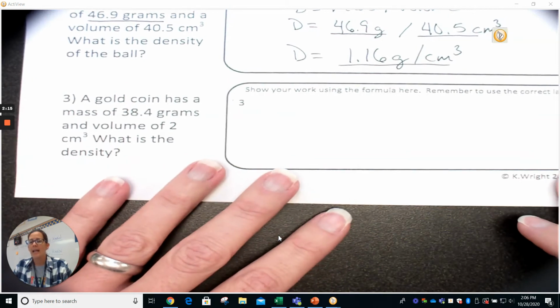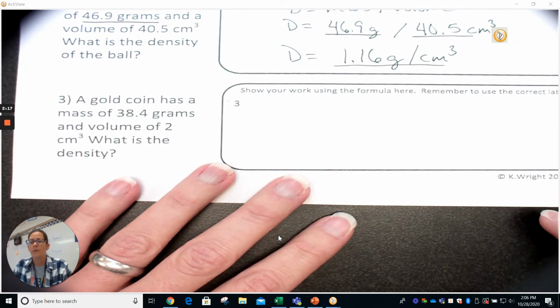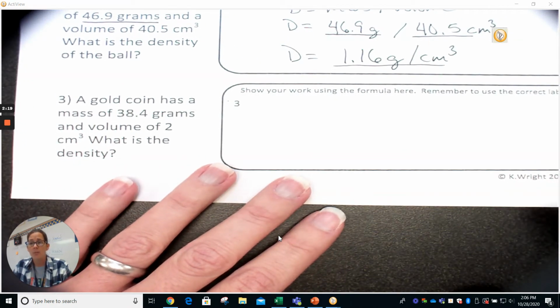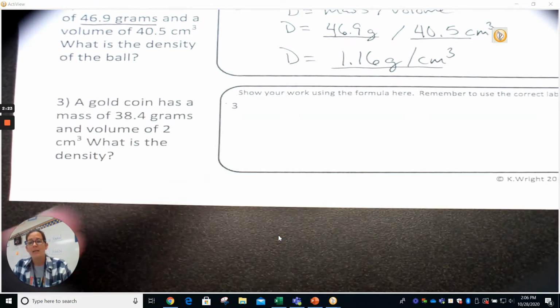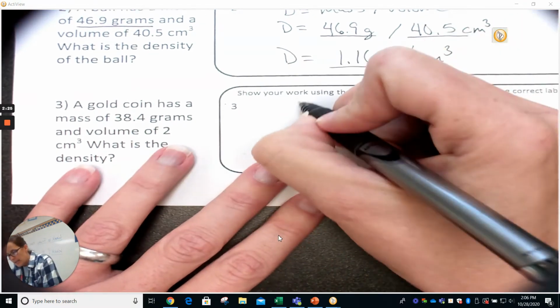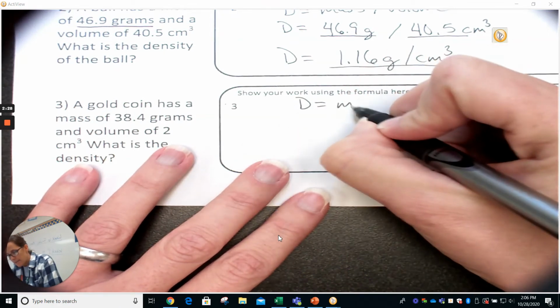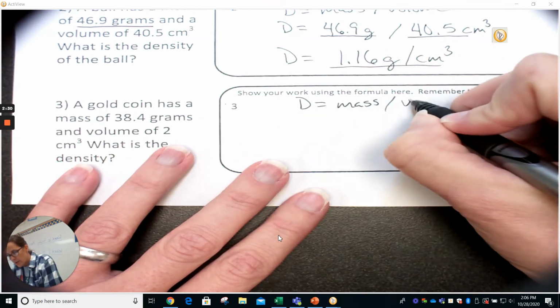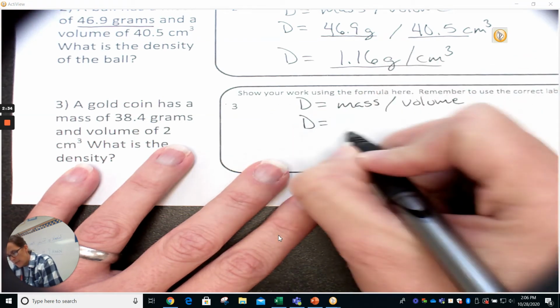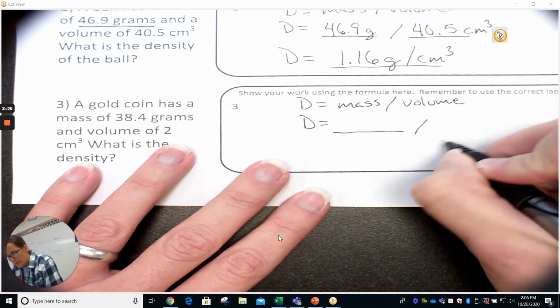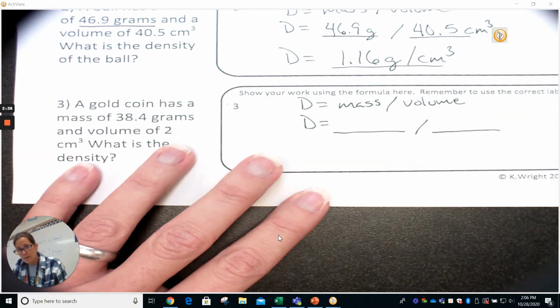It says a gold coin has a mass of 38.4 grams and a volume of 2 centimeters cubed. What is the density? So again, I'm going to put density equals mass divided by volume. D equals, and I'm going to give myself a spot. There's my divided by. There's another spot. Okay?